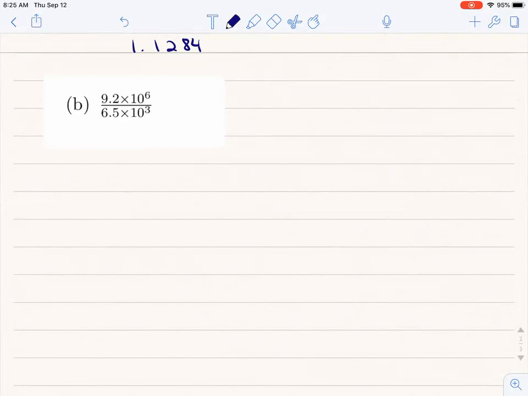So I'm going to treat the 9.2 over 6.5 as its own thing. The reason we can do that is because we're multiplying. If we had 9.2 plus 10 to the power of 6, then we couldn't just separate things. Okay?